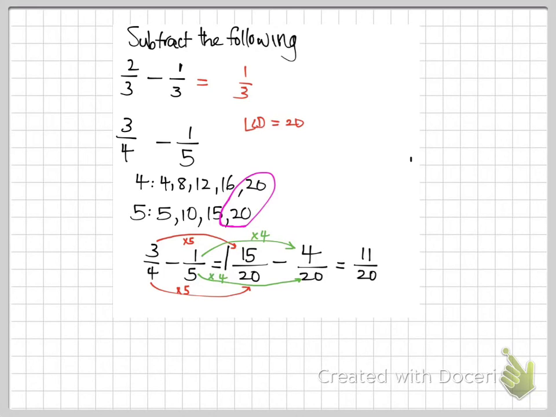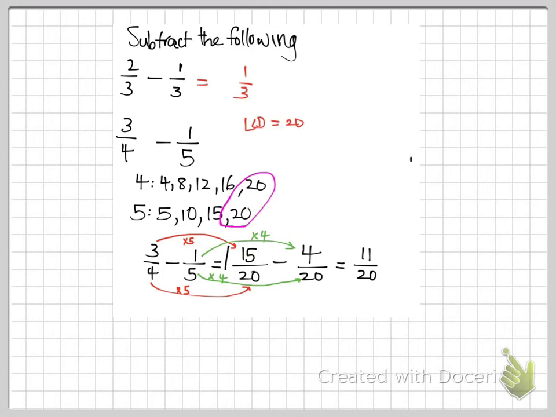I need to get an equivalent fraction of 3 over 4. So 3 over 4 becomes 15 over 20. How do I get that? From 4 in the denominator to get to 20, if you follow the red line, you can see a times 5.